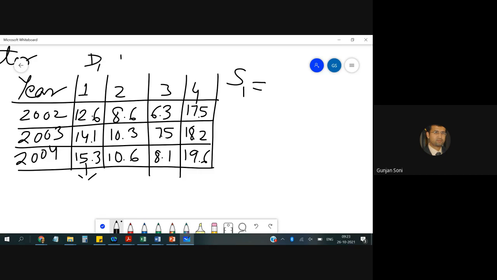And summation D is the total demand of all the quarters. So what is the summation of the first column? What is the value of the first column quickly? 42. Yeah, it's coming out to be 42. And can you sum up all the demand?